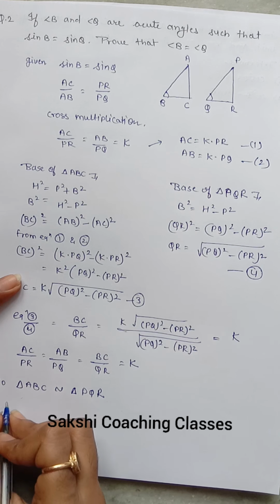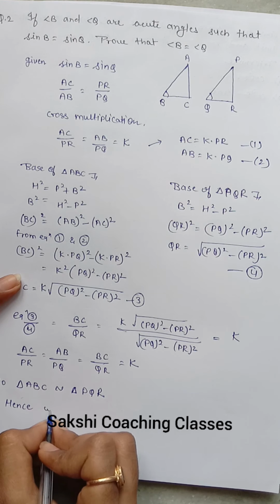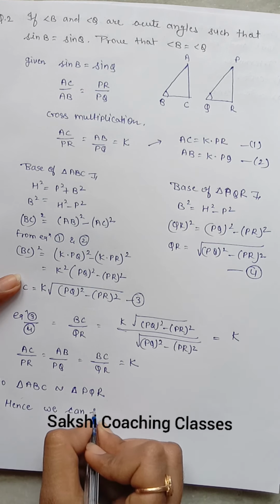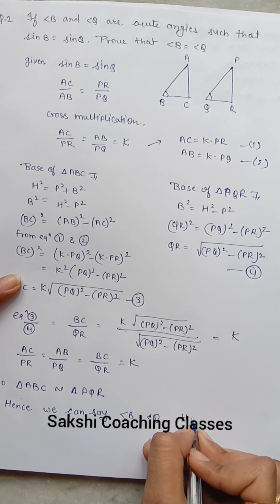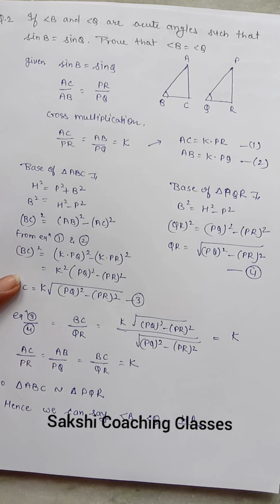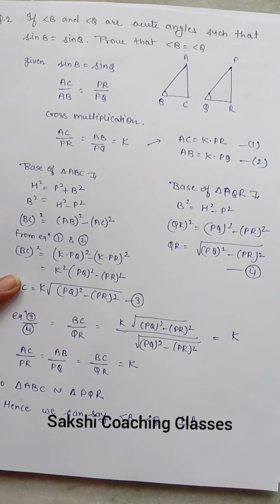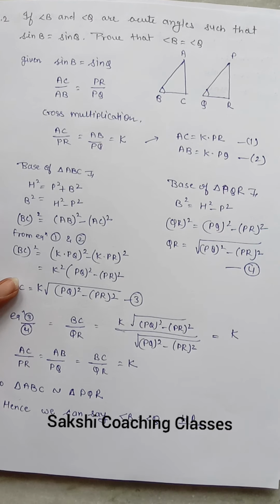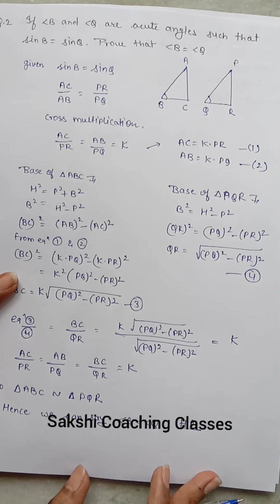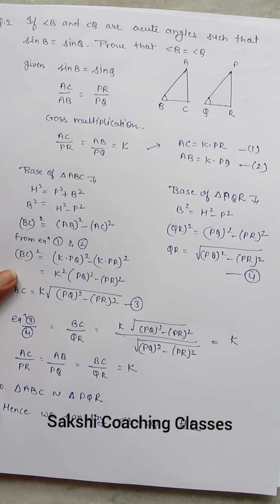So, hence we can say, in this way you can prove that angle B is equal to angle Q. It's a very important question of NCERT. Okay. Now come to example number 3.